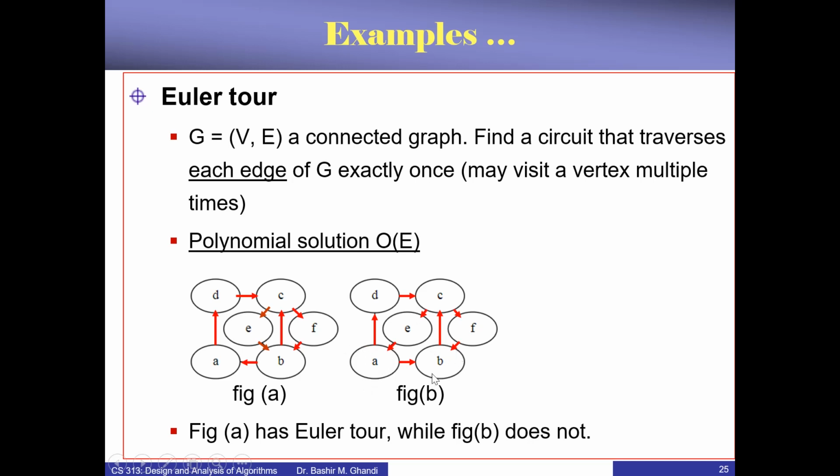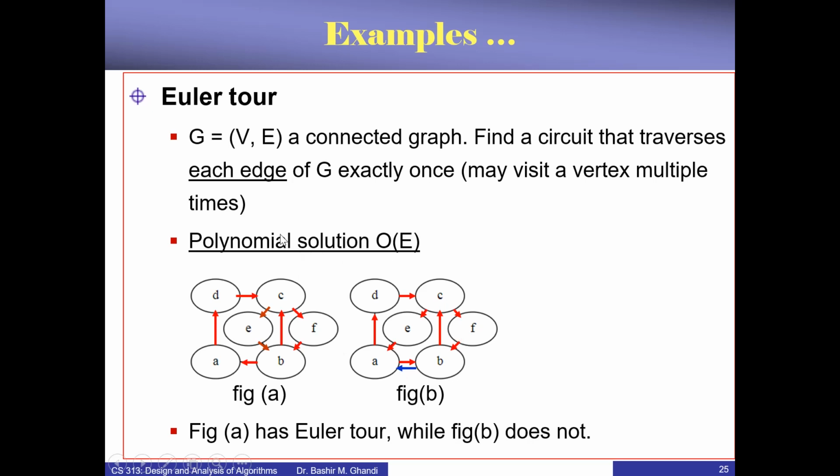To actually come back to the starting vertex, we need another traversal, BA. And that means visiting an edge twice. And this is not allowed in an Euler tour. Each edge must be visited only one time. So actually there is no Euler tour for this graph B.